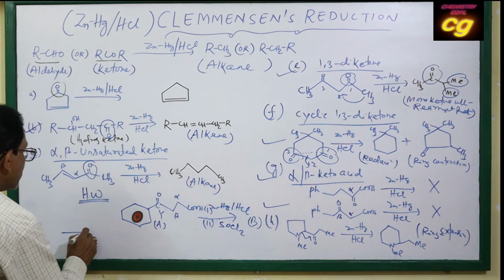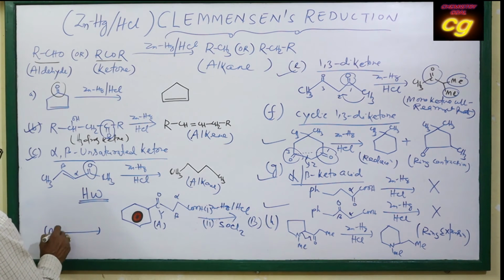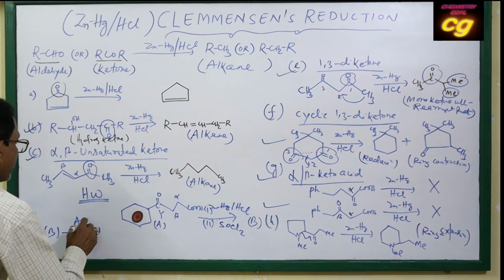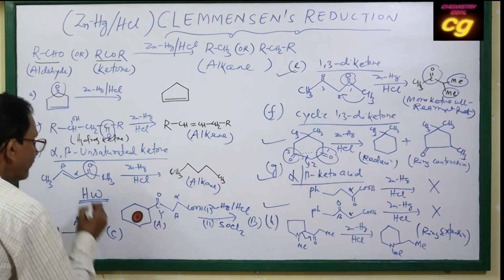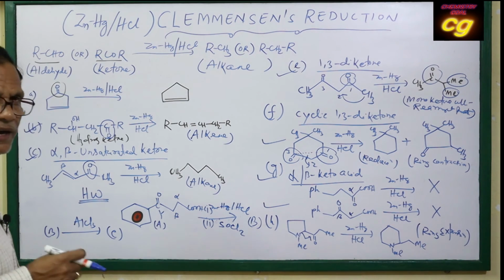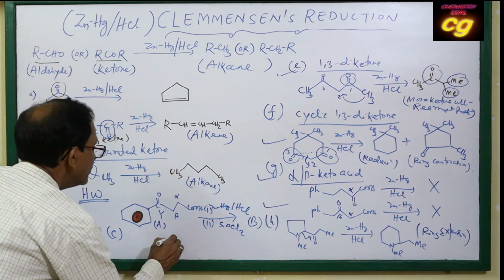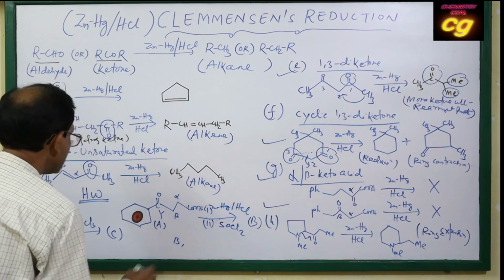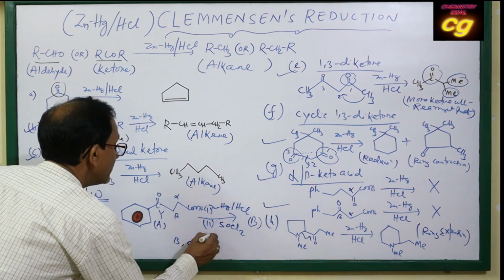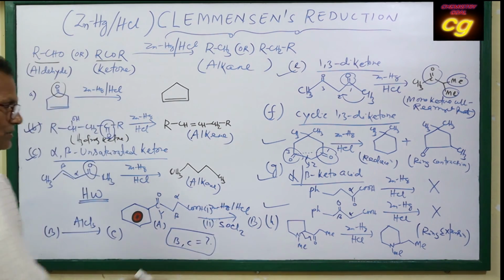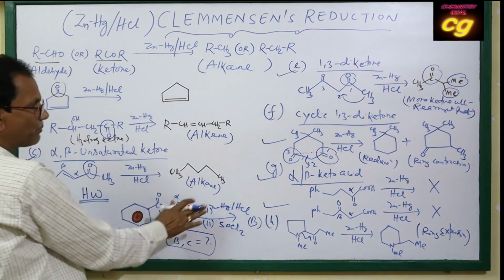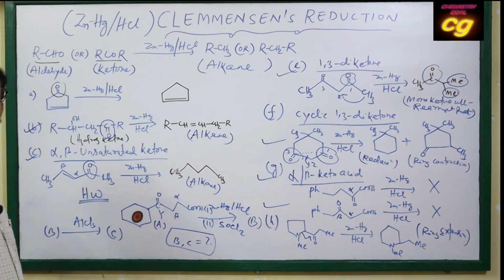Then when this B is treated with aluminum chloride, it produces C. So my question is, identify what is B and C. You have to identify what is the B. This is the application of this Clemmensen reduction.